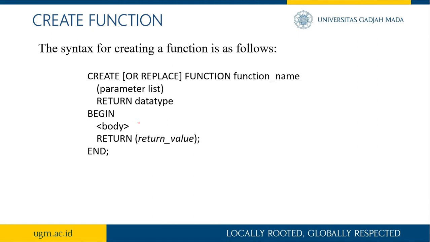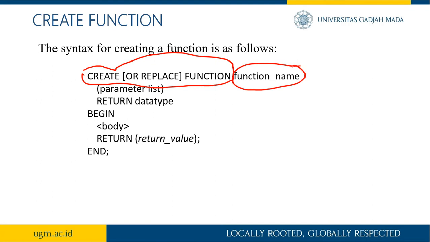Now, let's create the function. It's similar to creating the procedure. We use create, or create or replace, and then function, followed by the function name and the parameter list if you want to give any parameter, such as in the procedures, but without in or out. Just write the name of the parameter and then the type of the parameter.